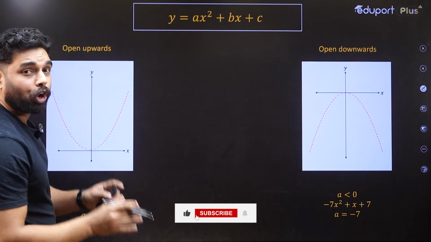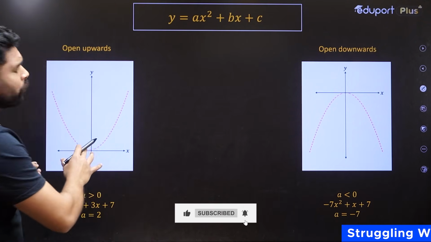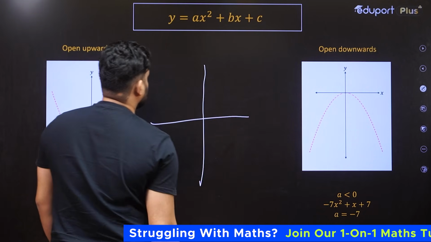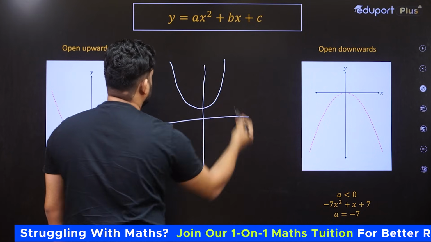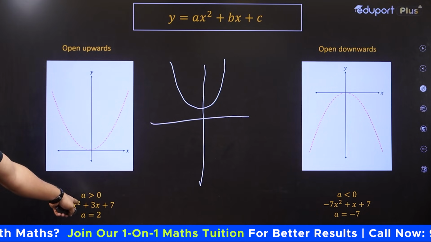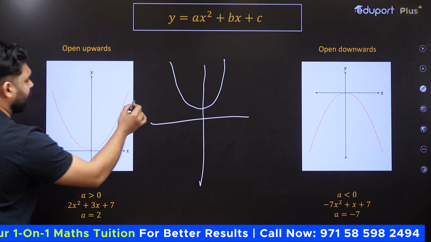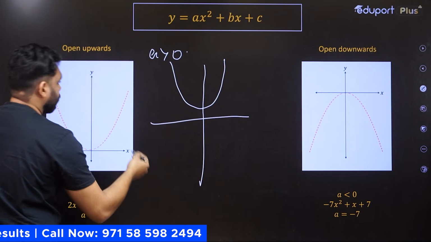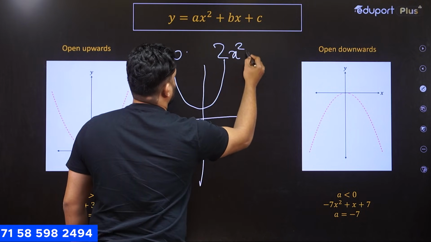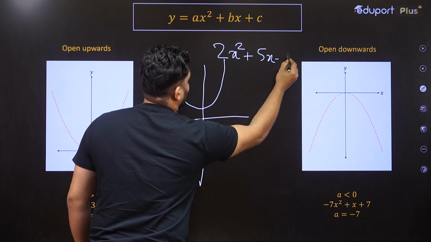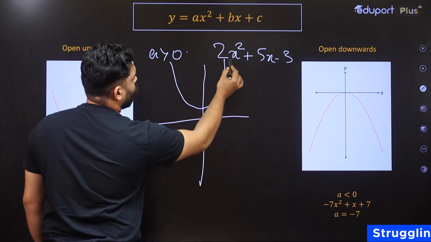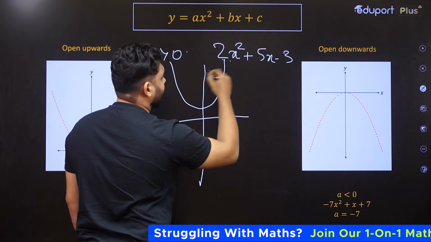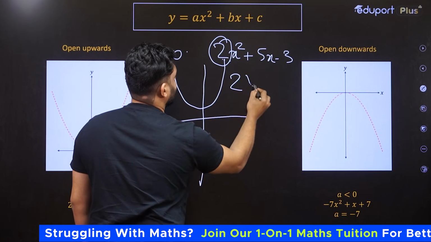Next, in the quadratic itself, we are moving to the graph. We learned that if it is a U shape upwards, then the coefficient of a is greater than 0. Just take the equation 2x square plus 5x minus 3. Here the coefficient of x square is 2, which is greater than 0.